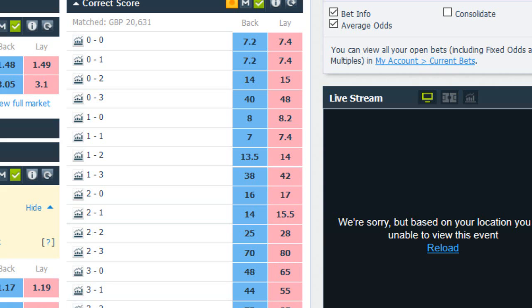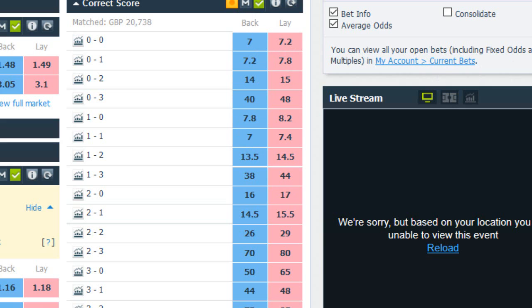This is the natural way the odds drift as a match goes on. The correct score odds still show 1-1 as the most likely outcome, but we are now not far behind with 0-0 and 0-1. So once again, it's confirmation that this is expected to be a low-scoring match.